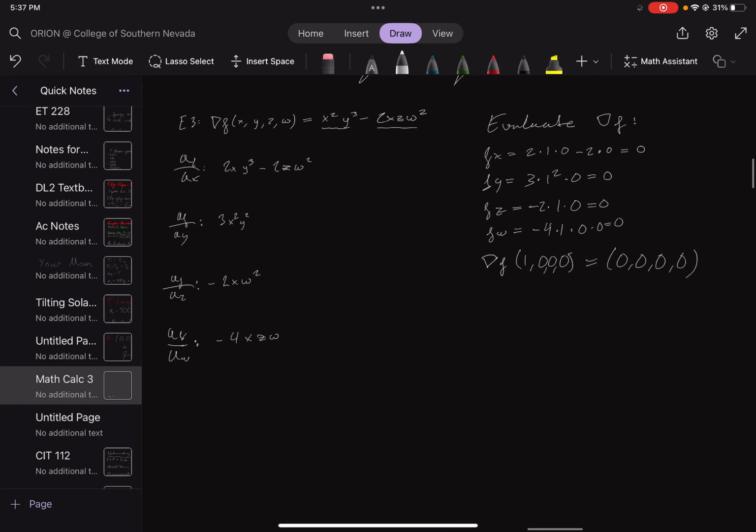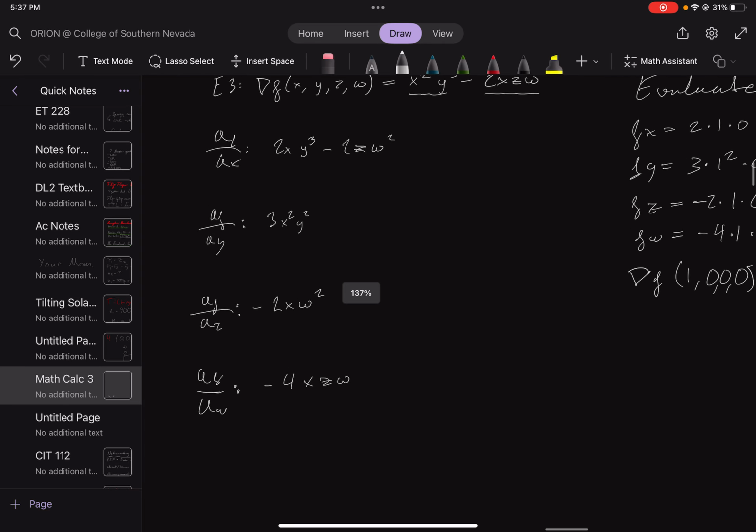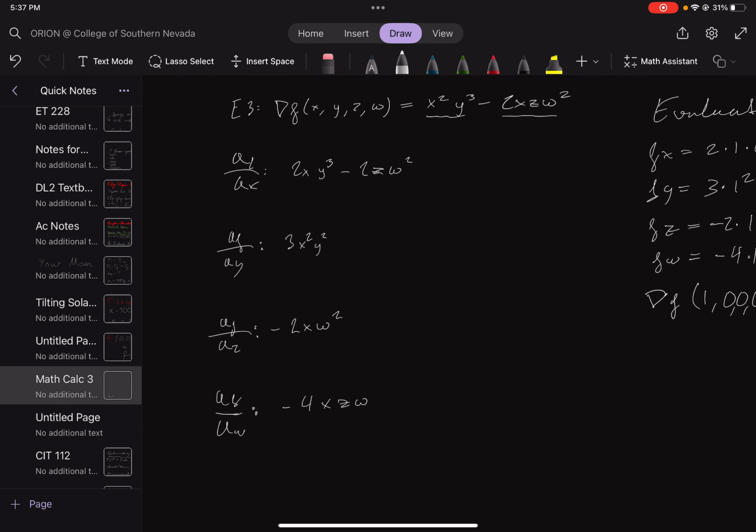We're going to pick this function. This is the function that we picked here for that example. So I did the simple calculations for each of the gradients.